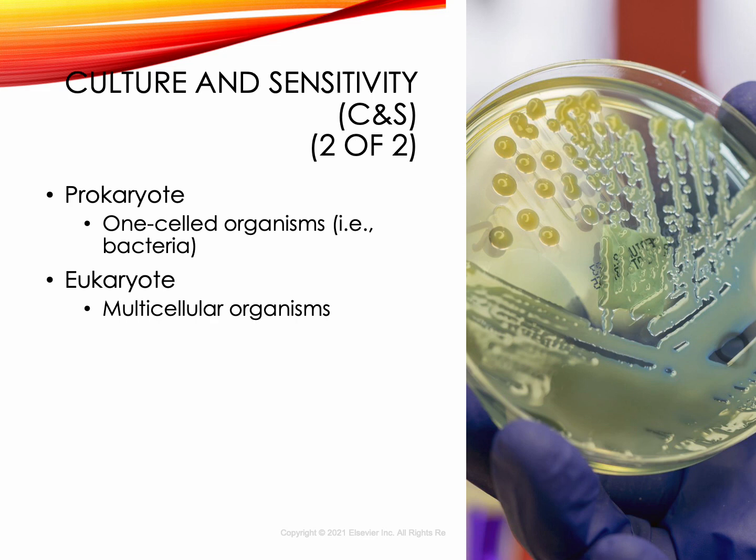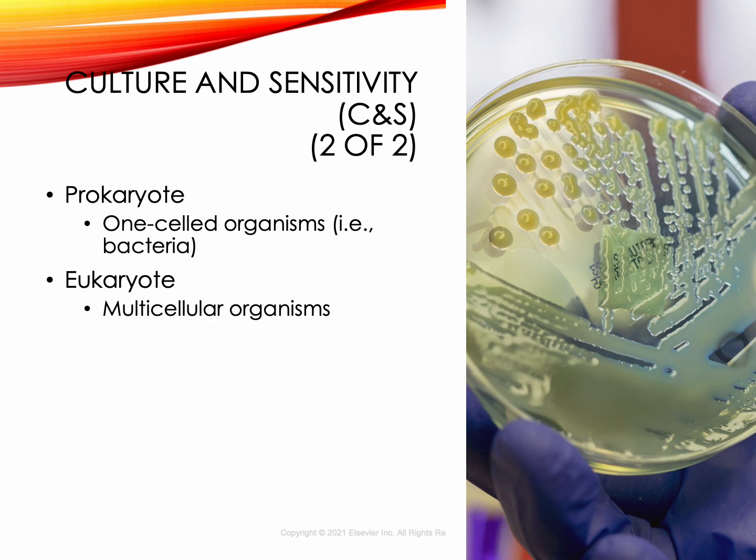So in order for an antibiotic to be successful, it must have the ability to target specific structures in the microorganism that differ from the host cell. Otherwise, all it's going to do is kill off the wrong cells. It's going to kill off the host cells instead of the pathogen that's attacking the host.